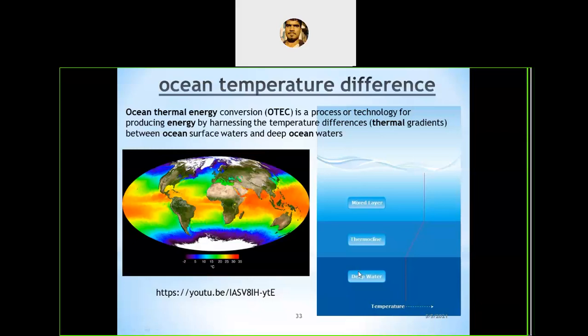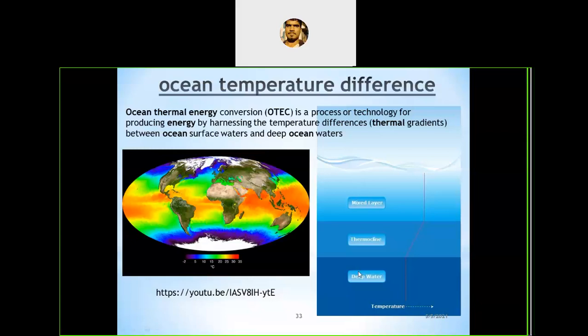Thus the heat contained in the ocean could be converted into electricity by utilizing the temperature difference between the warm surface water in the tropical oceans and the colder water in the depth, about 20 to 25 degrees centigrade of difference.